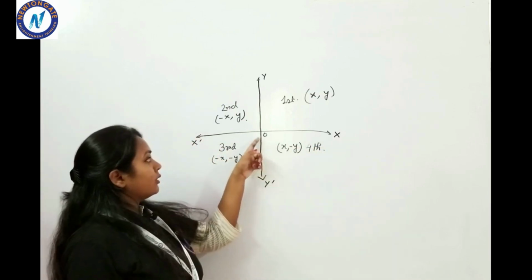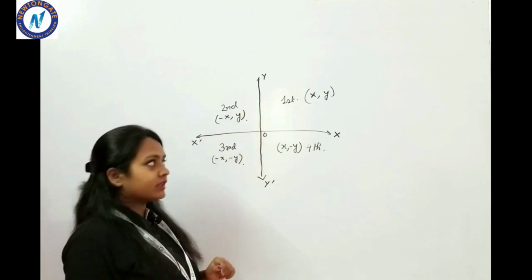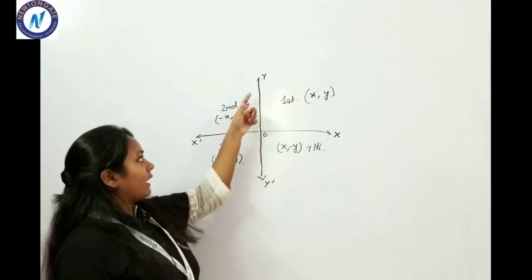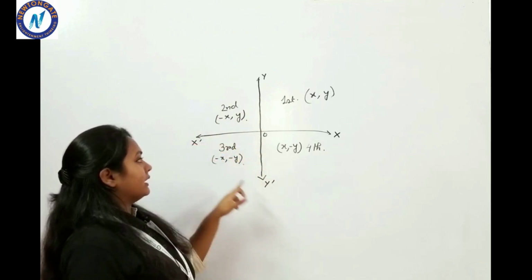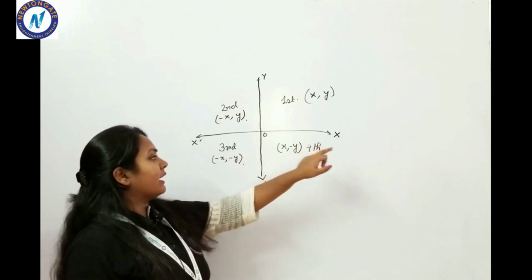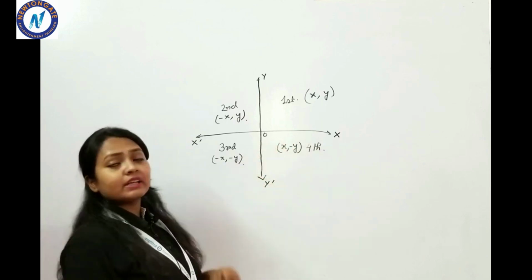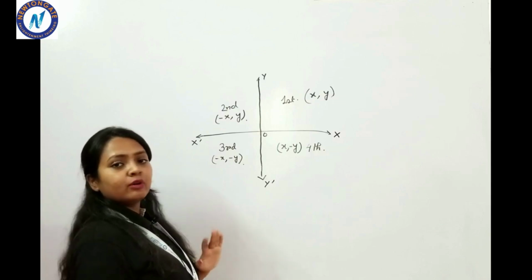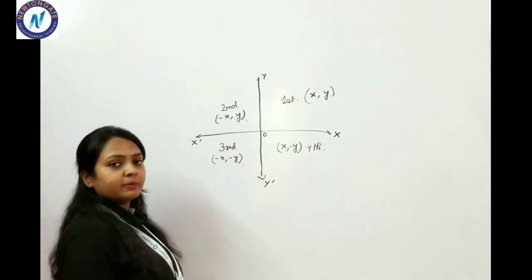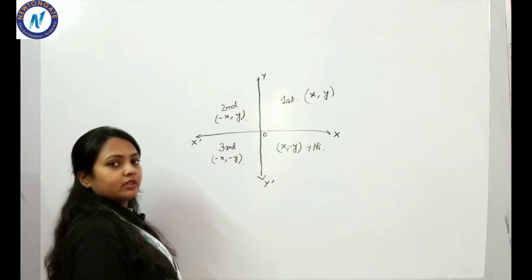So XOY is known as the first quadrant, X'OY is the second quadrant, X'OY' is the third quadrant, and XOY' is the fourth quadrant. So there are 2 axes and 4 quadrants. These are the basic parts of coordinate geometry.